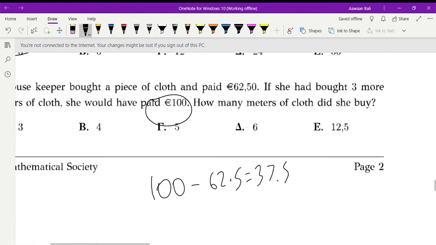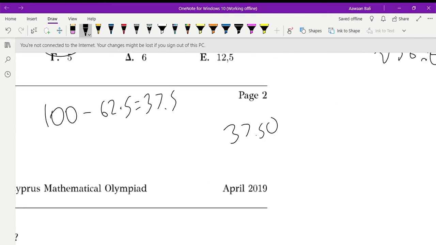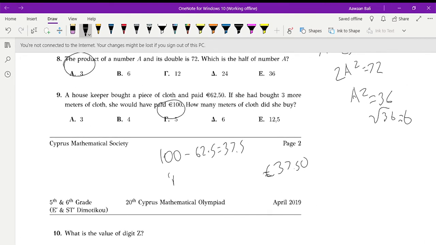We can just take away the 0 for now, so that means €37.50, because this is the price of the meters of cloth the housekeeper bought plus 3 more meters, and this is the price of the meters of cloth that she actually bought. So 37.5 would be the 3 meter difference.